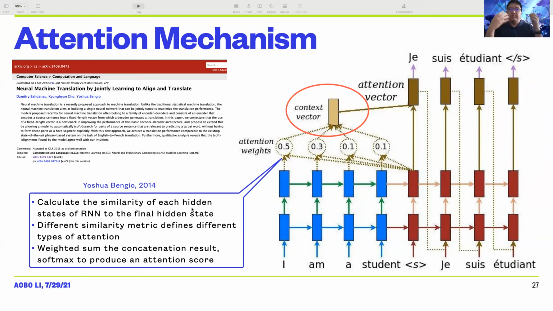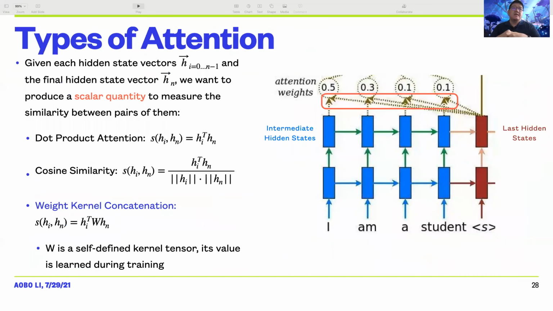You can use several types of similarity metric, and different metrics define different types of attention. Then you do a weighted sum of the concatenation result and use a softmax to produce an attention score. This will look very confusing at first glance, but we will do a detailed breakdown of this process. Okay, so let's first talk about the types of attention.